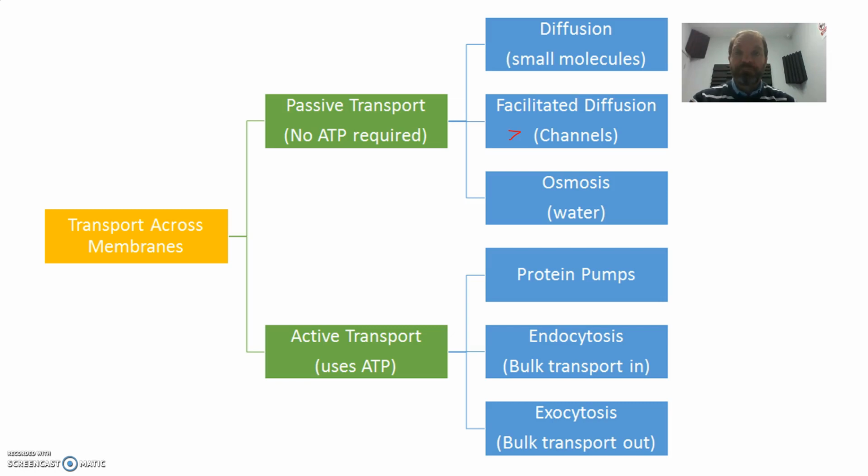Neither of those require any energy. If you want to go against the concentration gradient, so you've got a high concentration of ions inside the cell, but you want to pump more in, then you're going to need a protein pump.